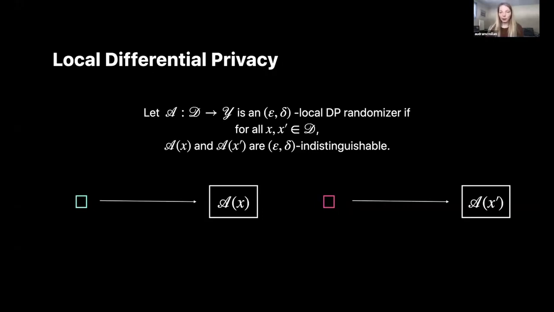So you can't tell whether the sample was X or X prime. And again, my hope is that I can collect all of these local reports together, perform some post-processing function, and get something that's close to the function I actually wanted to compute.